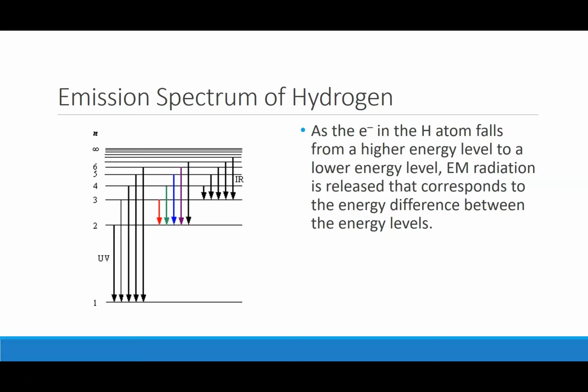If the electron falls to energy level 1, then the photons emitted correspond to ultraviolet. If the electron falls to energy level 2, then the released photons correspond with visible light. And if the electron falls to energy level 3, then the released photons correspond with infrared.